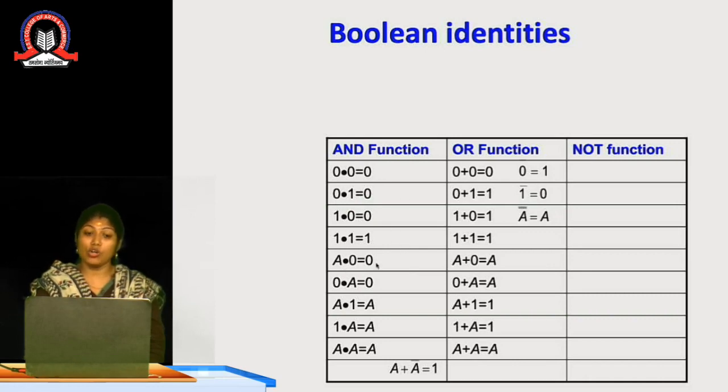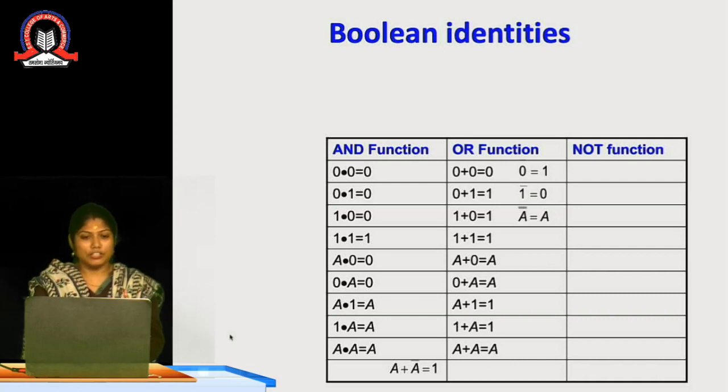A into 0 is always 0, 0 into A is always 0. But A into 1 is A, 1 into A is A. This is very common. But when I talk about A into A, it is not A square. In Boolean identities, A into A is always A.